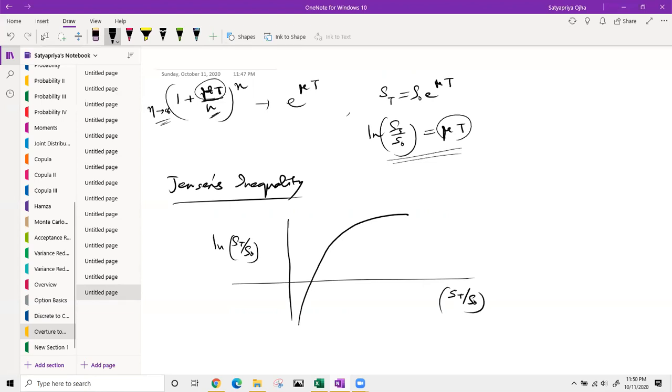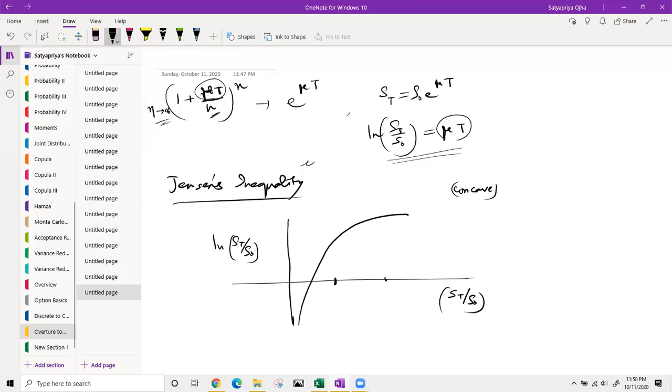This is the graph of log x, log of something, correct? Now this is a concave function. Jensen's inequality is defined for convex, but the result will be exactly opposite in case of concave. So don't worry, I'll give you both perspectives. Now here, it's a very simple, elegant result. Through a graph, it's very easy, but there is also a proof for that.